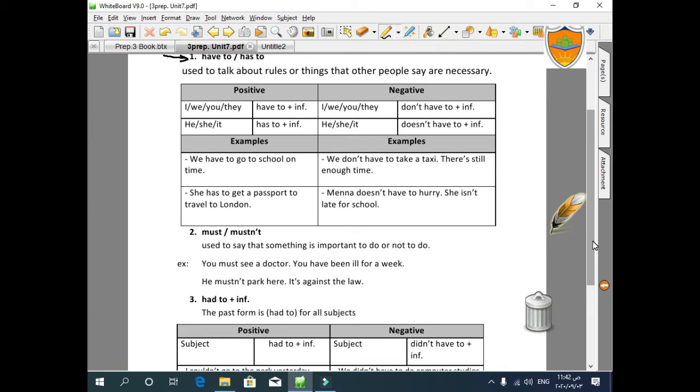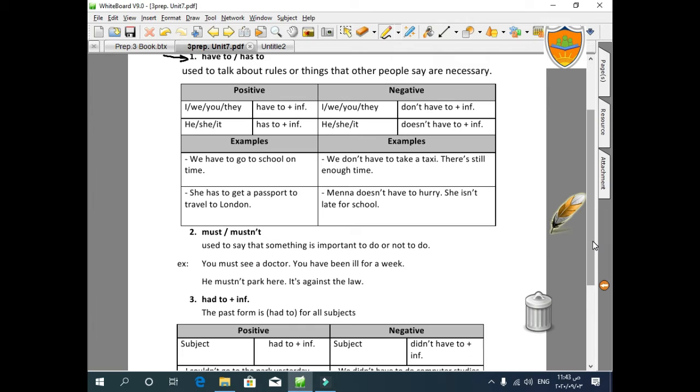Of course, have with I, we, you, they, and the plural. Has with he, she, it, and the singular name, a noun. This is the positive case. For example, we have to go to school on time. She has to get a passport to travel to London.